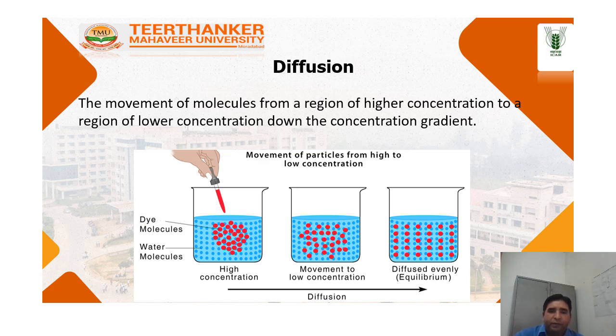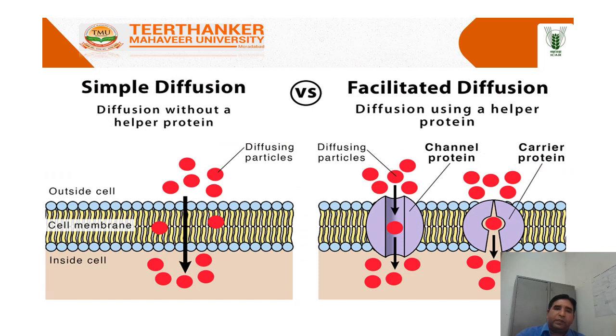At the place of dropping there is more concentration, and at other places there is low concentration. After some time, the solution of dye and water becomes equal at every place of the beaker. This is the process of diffusion.